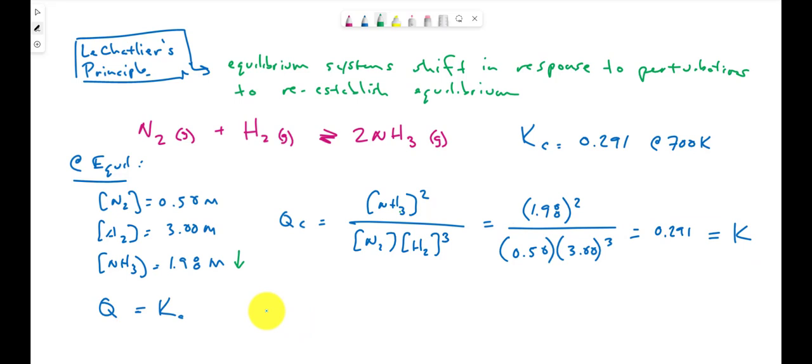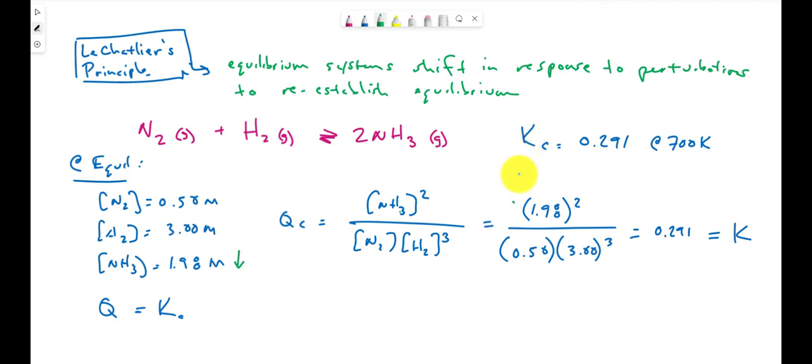And finally, what happens, say, if we want to decrease the concentration of ammonia? So in this case, ammonia is a gas in the Haber-Bosch process. And if that's the case, we could potentially cool that reactor quite a bit and liquefy this, turn it from a gas to a liquid, and that would pull it out of the reactor. If that were to happen, then the concentration of our ammonia would start to decrease.